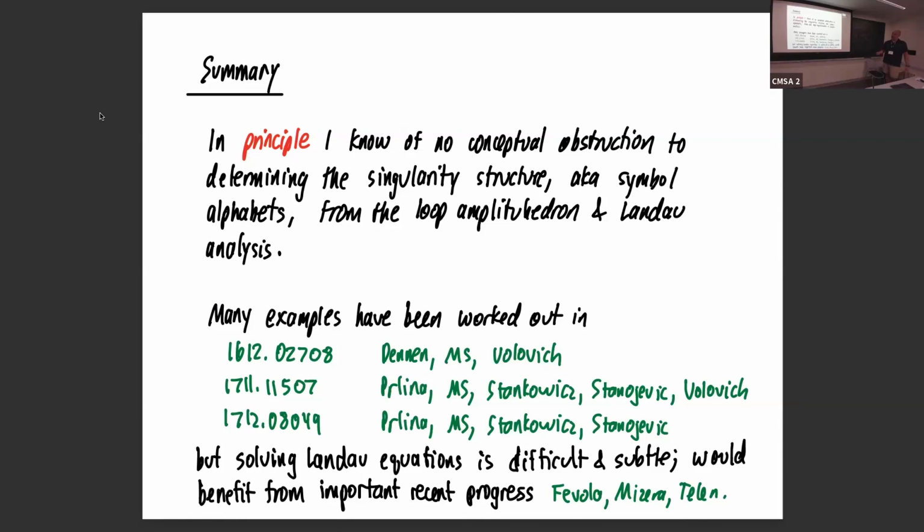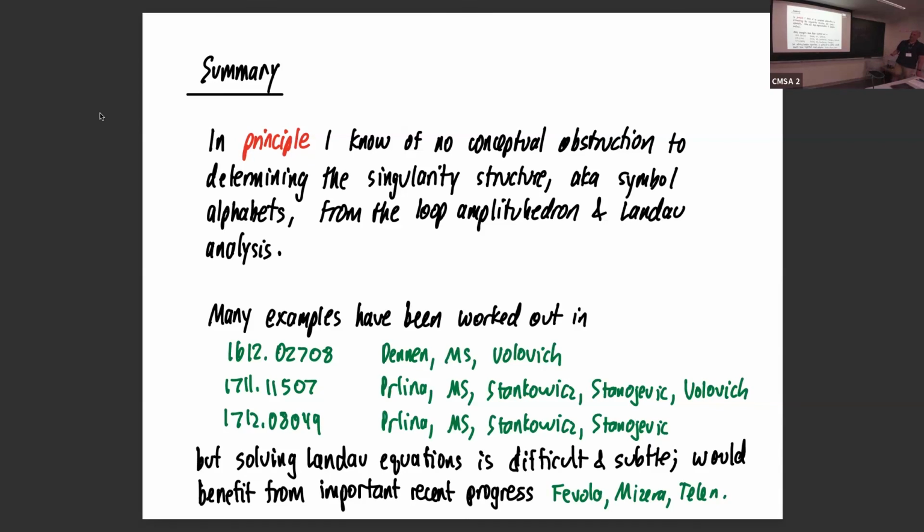However, at the time, our technical ability to actually solve the Landau equations was rather limited. And there are also a number of subtleties having to do with infrared divergences that, to be honest, we maybe wouldn't have known how to handle properly if we didn't know the correct answer that we were supposed to be getting.